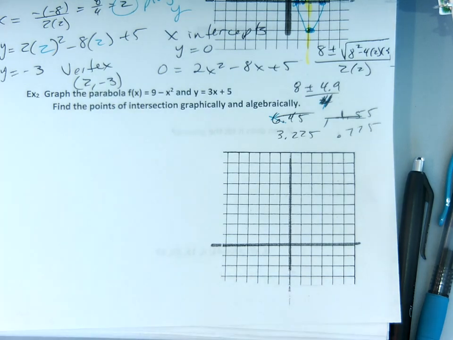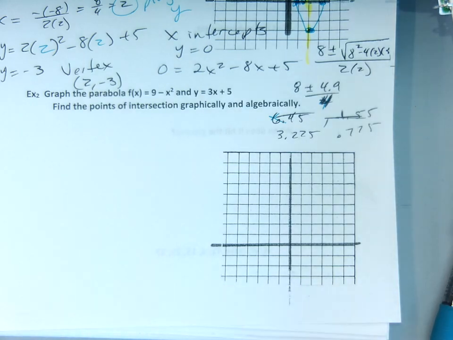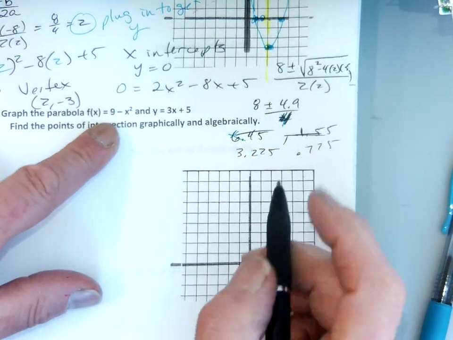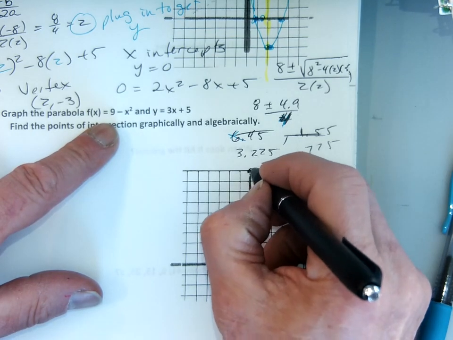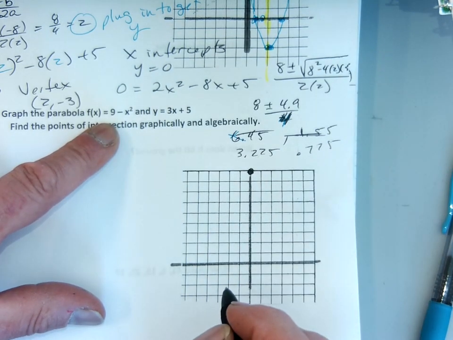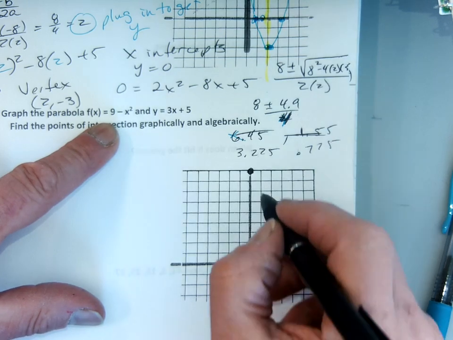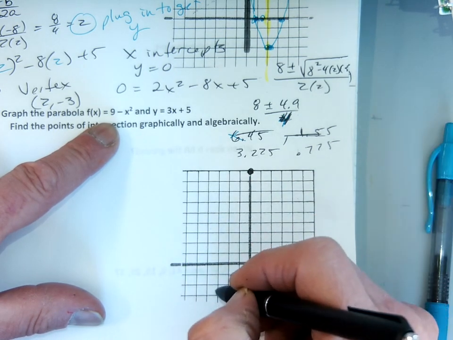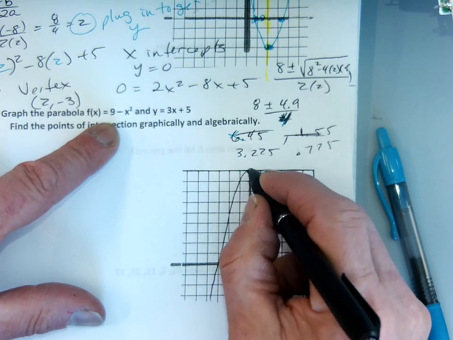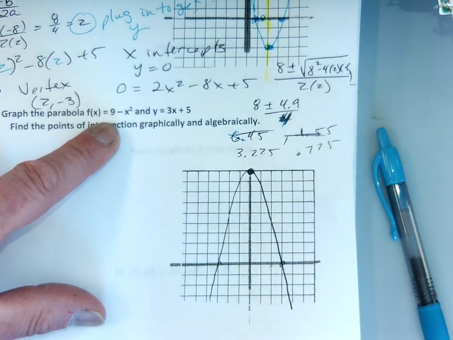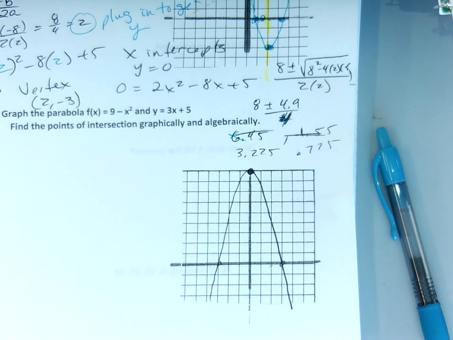Okay, number 2. I know that I can probably graph this one. I can go 1, 2, 3, 4, 5, 6, 7, 8, 9, right? Yep. And it's going to be some parabola, right? Oh, I see.